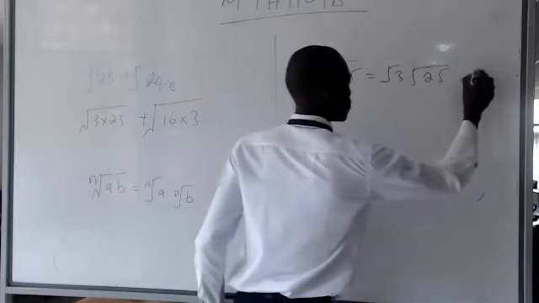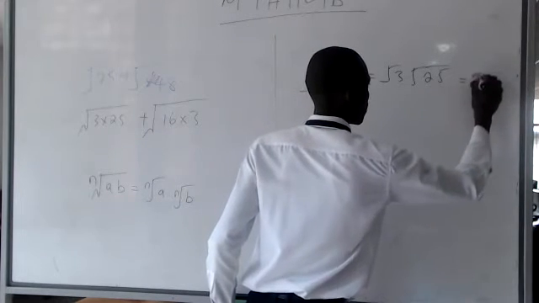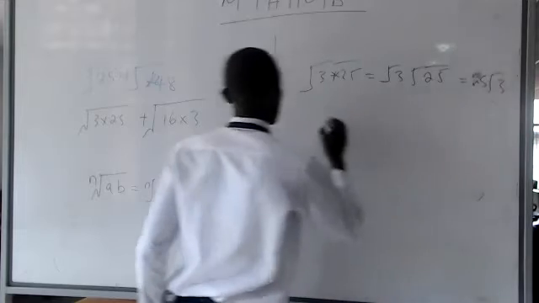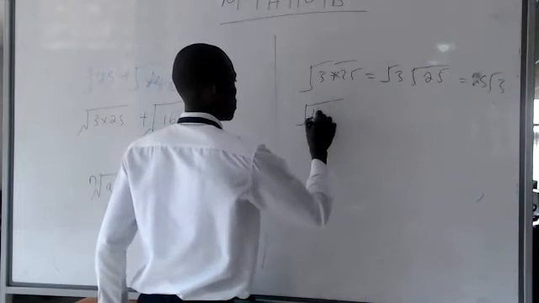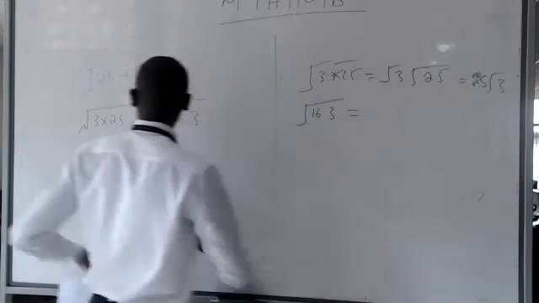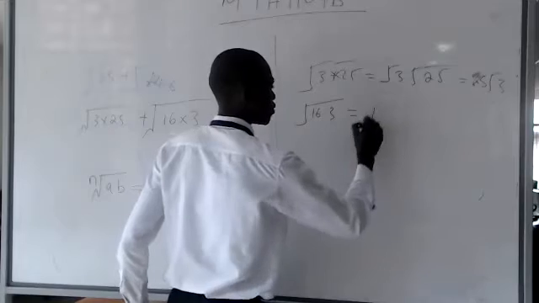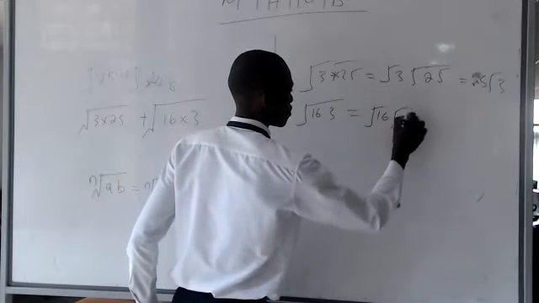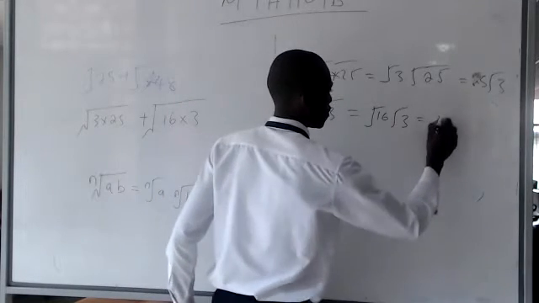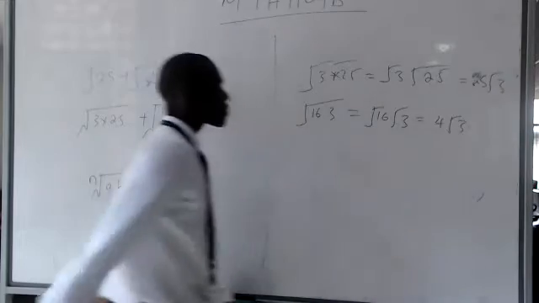Oh no, 5 is 5, so this should be 5 times square root of 3. Then 16 times 3, this rule tells us that it should be square root of 16 times square root of 3. So this is going to be 4 times square root of 3.